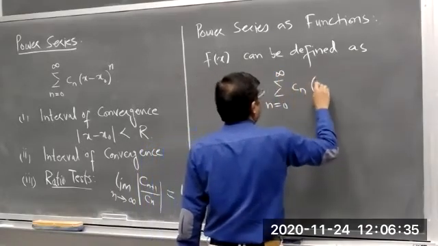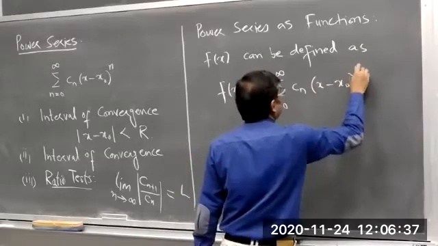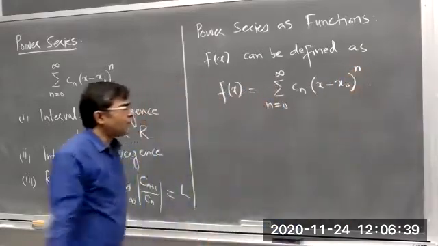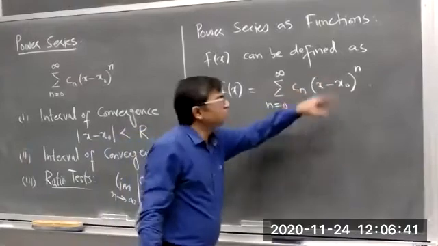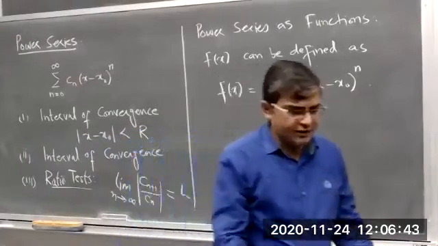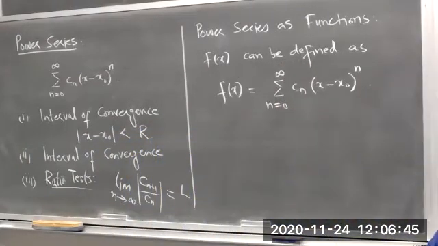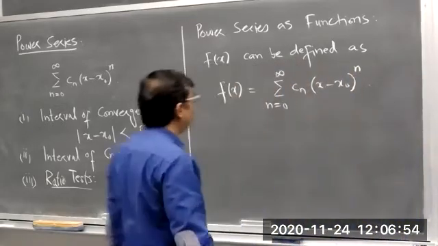a power series, (x minus x naught) whole power n, or some different general term which involves the powers of x. For example, you might have studied already Maclaurin series or the Taylor series of functions.